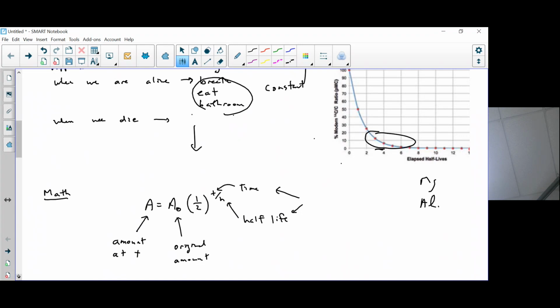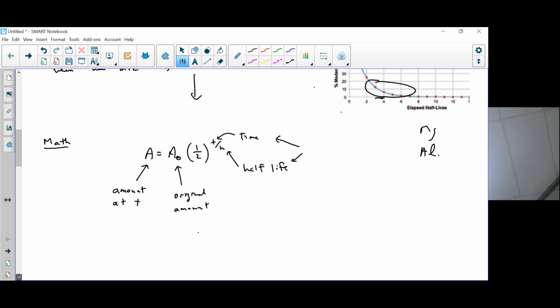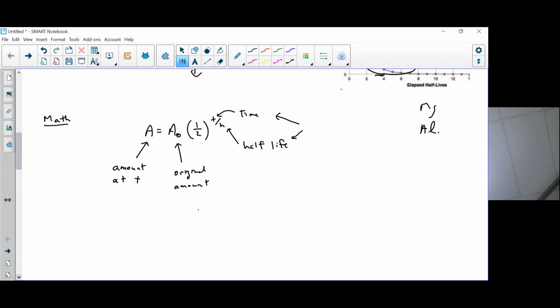Let's take a look at the math. This is the formula. Unsurprisingly, a formula for half-life has a half in it, a fraction. A0 is the amount that I start with. A is the amount that I have at any time t. These two things need to have the same units.